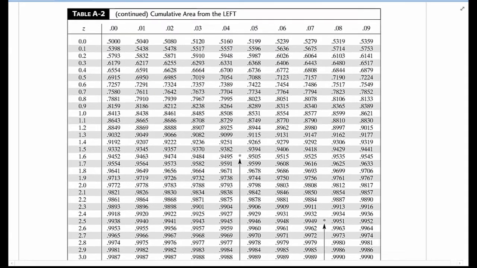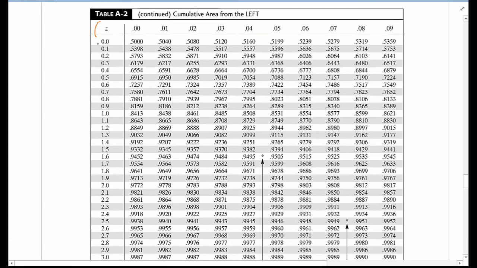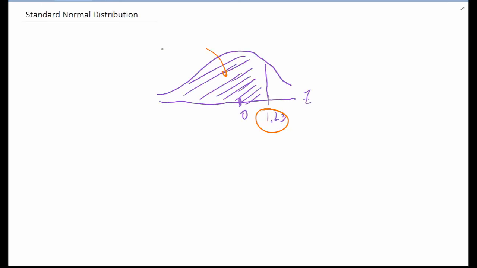This is the data column, and this is the area column. So we go to 1.2, 1.20, 1, 2, 3. That gives me 8907.